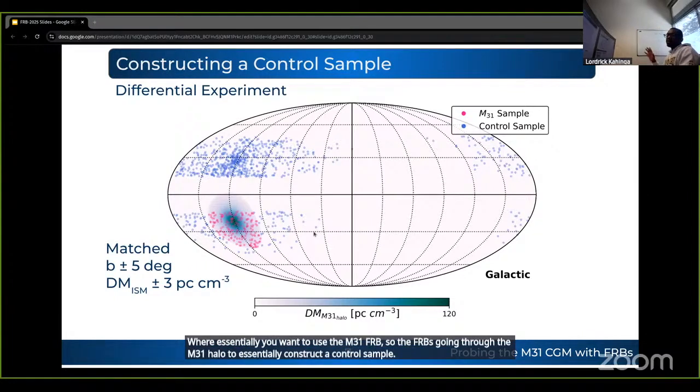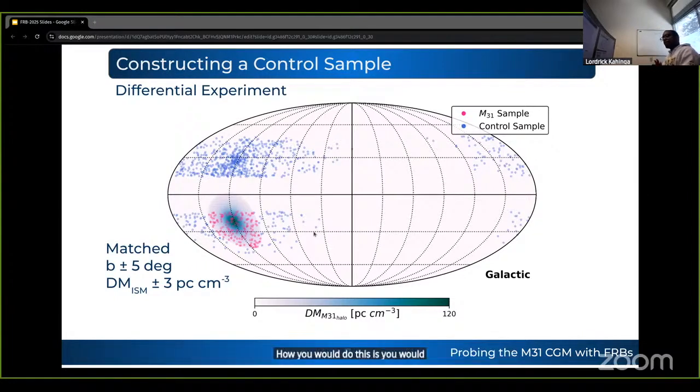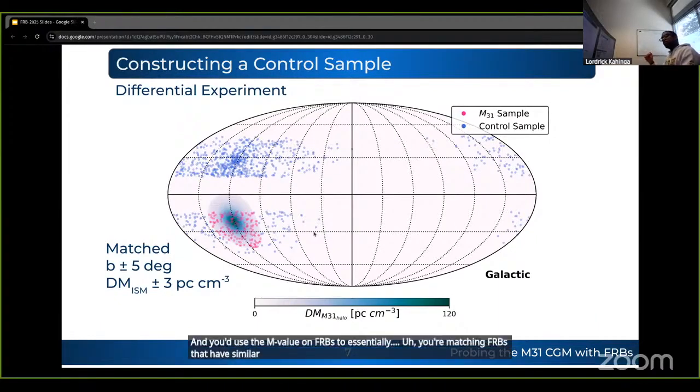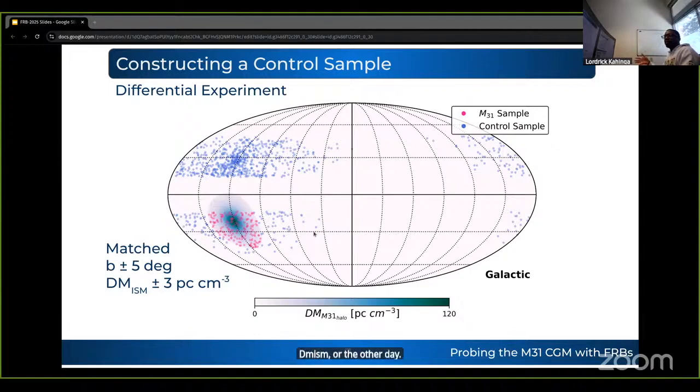How you would do this is you would match the M31 FRBs and the non-M31 FRBs, or sightlines that are not going through the halo, matching FRBs that have similar galactic latitude and similar DM_ISM, the dispersion measure contribution from the ISM.